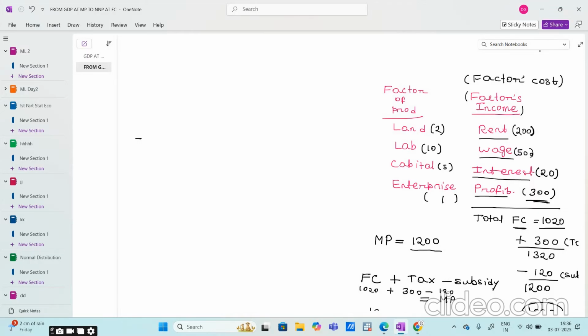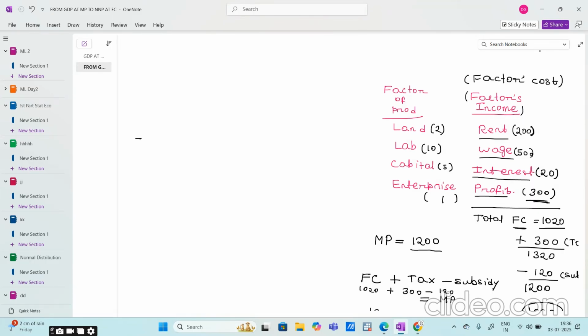So what is the total factor cost? What is the total factor cost of land? That is 200.